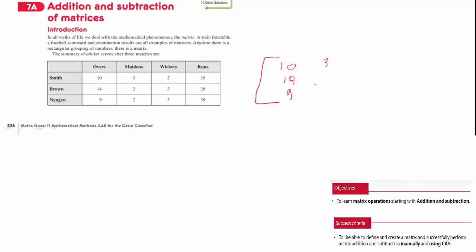We can go row by row, column by column, and we end up with the same result. 2, 2, then 2, 3, 3, and 35, 29, and 39. So from this table, we got this. So as you see, it is perfect here.